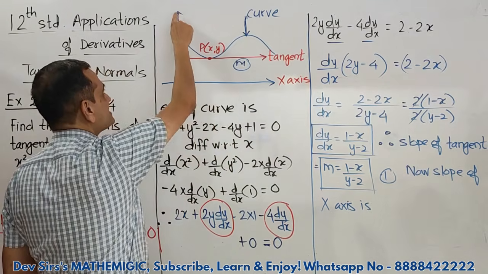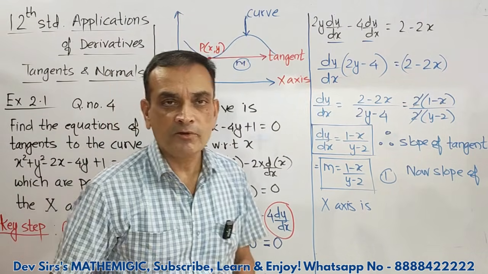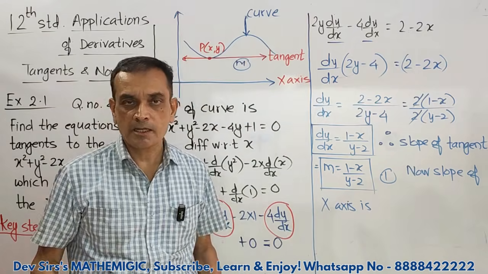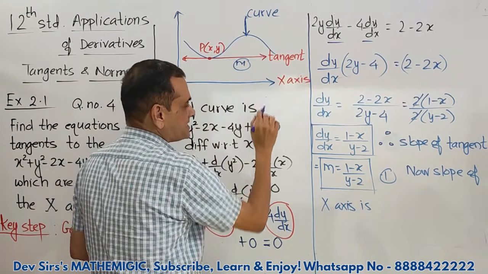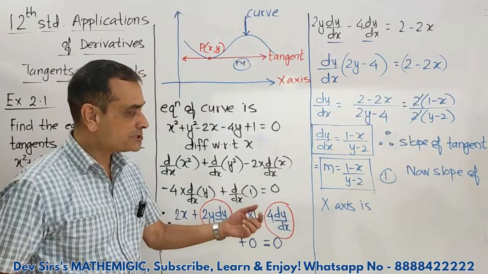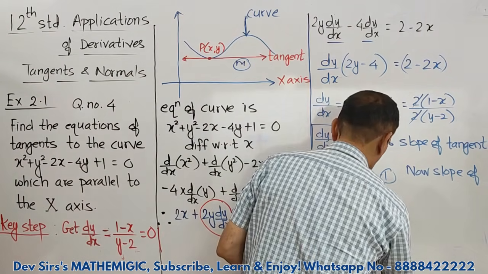Slope of y-axis is taken as undefined, infinity. Tan 90 is infinite. Angle made by x-axis with x-axis is 0. So slope of x-axis is 0.